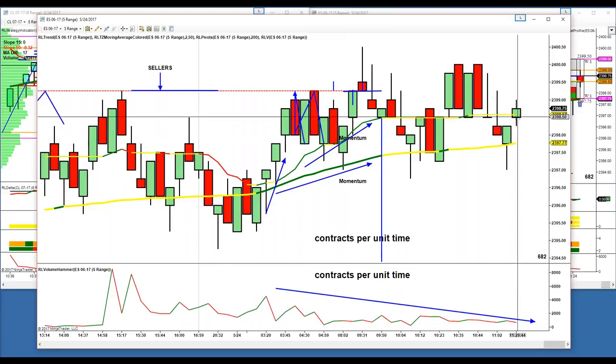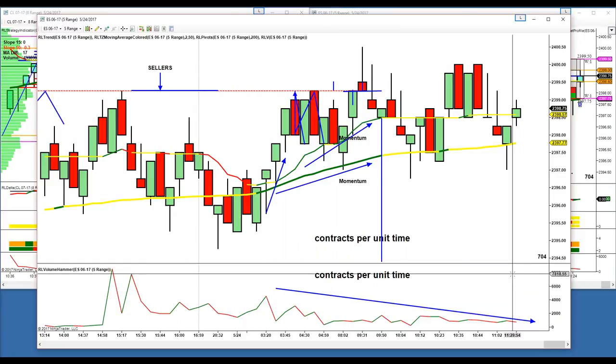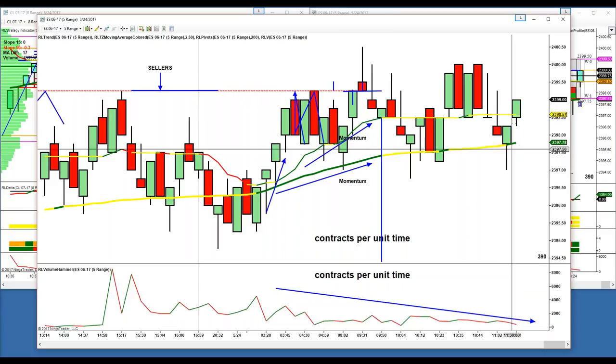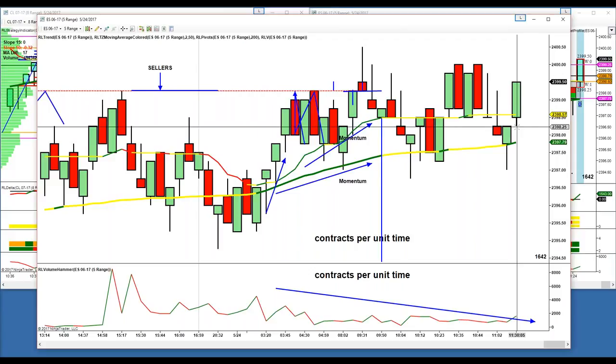Now, this candle, on a day like today, takes 10 or 15 minutes to close. On standard volume analysis, you get this huge histogram bar. And then when you did your look back, you'd say, whoa, what a big amount of volume occurred. So it's useless on a look back period.